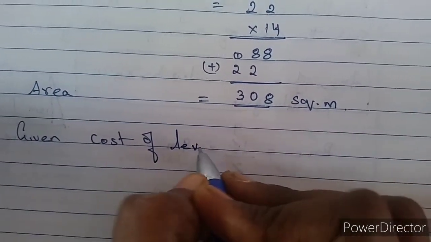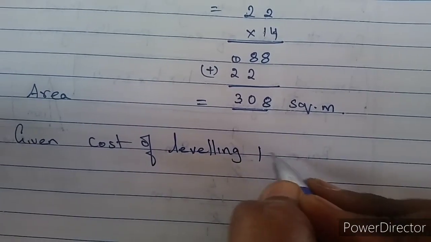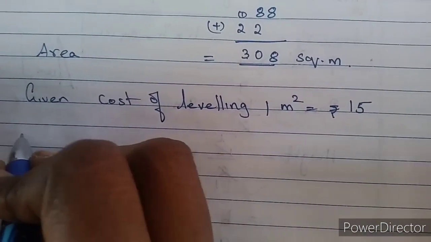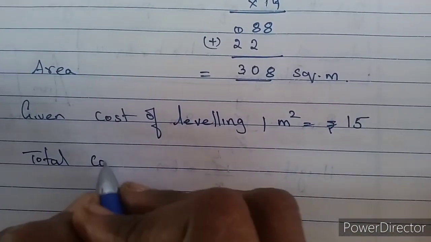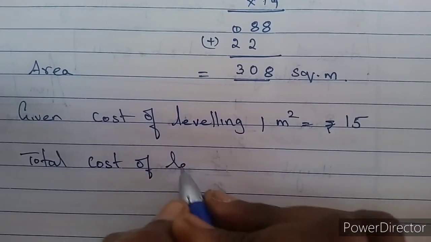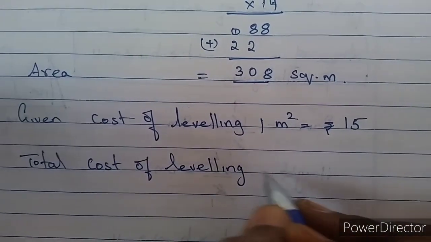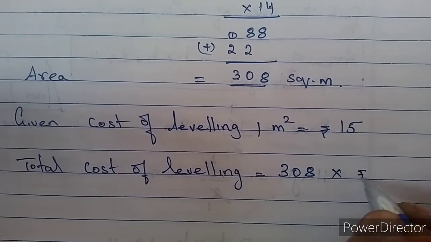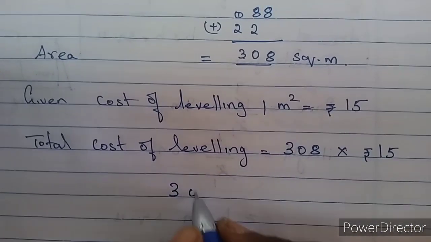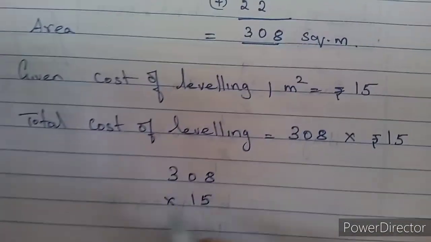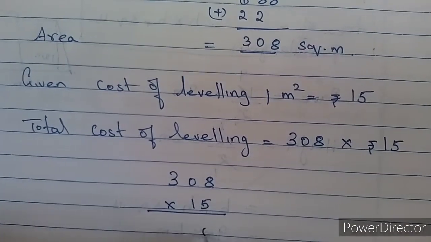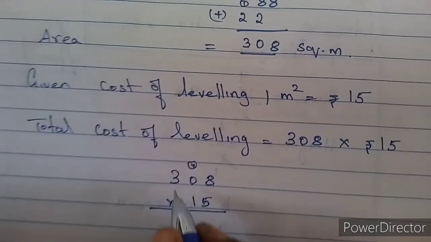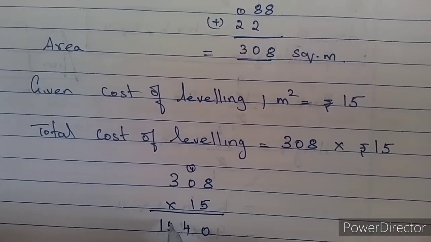In the given question, cost of leveling per meter square is rupees 15. So total cost we need for leveling the ground is, total area is 308 into rupees 15. So 308 into 15. 5 8s are 40. 5 zeros are 0 plus 4, 4. 5 3s are 15.